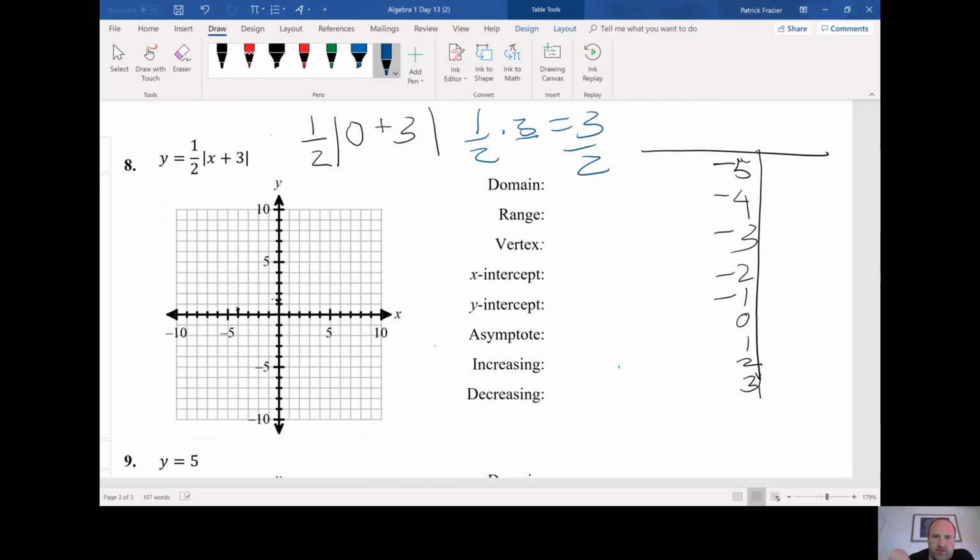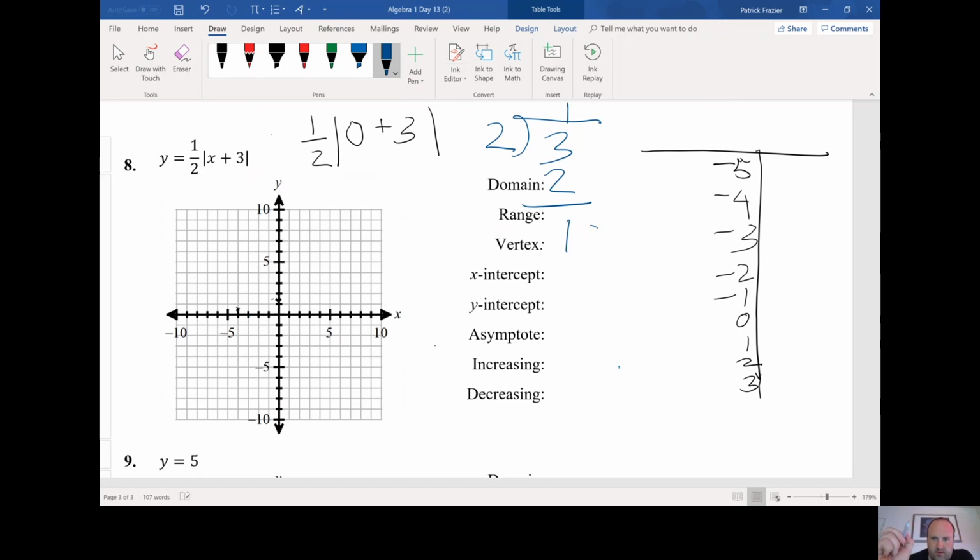Multiply the two numerators, and that's 3 over 1. You multiply the denominators, so 3 times 1 is 3, 2 times 1 is 2. 3 halves is like saying, how many times does 2 go into 3? 2 goes into 3 at least once. 2 times 1 is 2. 3 minus 2 is 1.